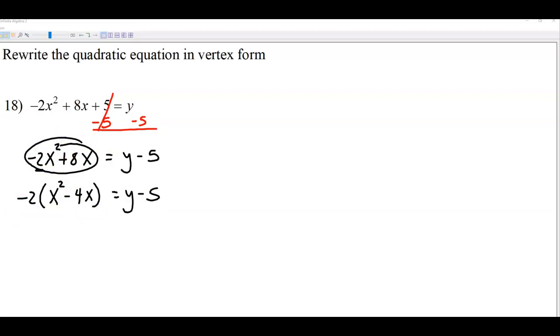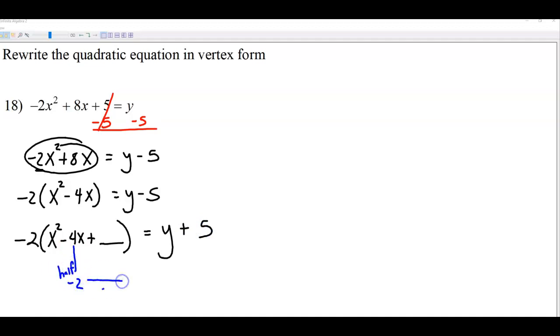The next step is we're going to complete the square. That means we're going to create a new number inside the parentheses here. How you get that new number is by taking half of that middle number and then squaring it. -2 to the second power is 4, and so that's what's going to go there.